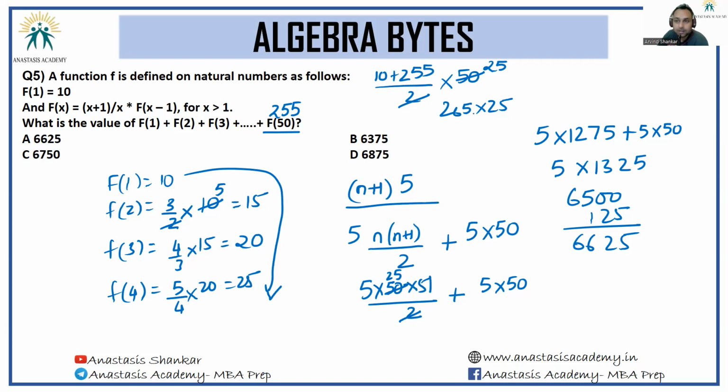Multiplying by 25 is not convenient, but dividing by 4 is convenient. So 26500 divided by 4. Basically, I've turned 25 into 100 divided by 4. Cancel, cancel. We get 6625. In either case, you will reach your answer as 6625.